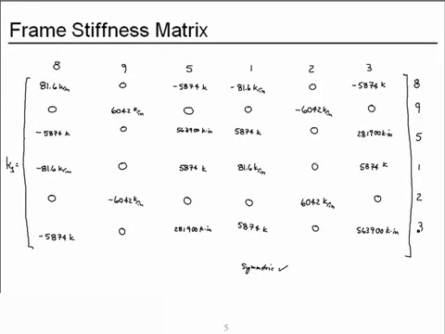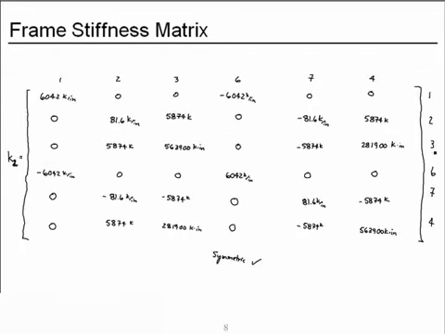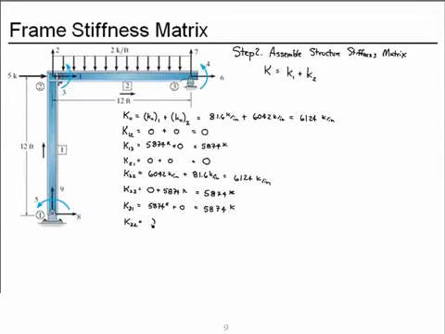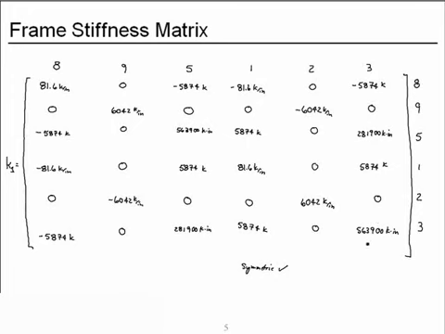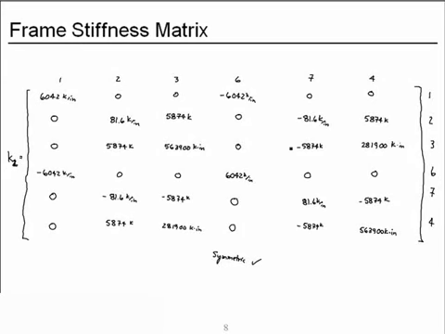K32, from member 1, row 3, column 2 is a 0, and from member 2, row 3, column 2 is this quantity. And that gives us 5874 kips for this stiffness coefficient as well. And then K33. From member 1, we have this quantity, and from member 2, we have this.